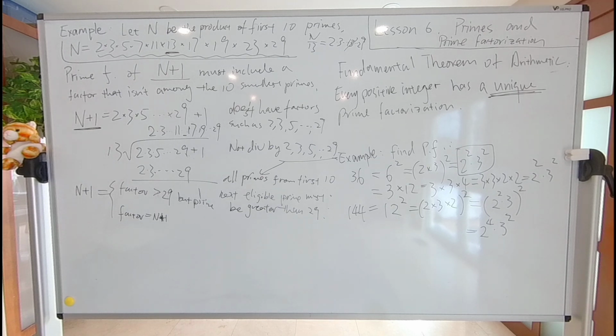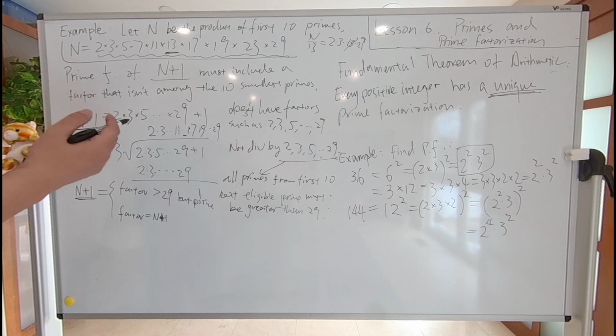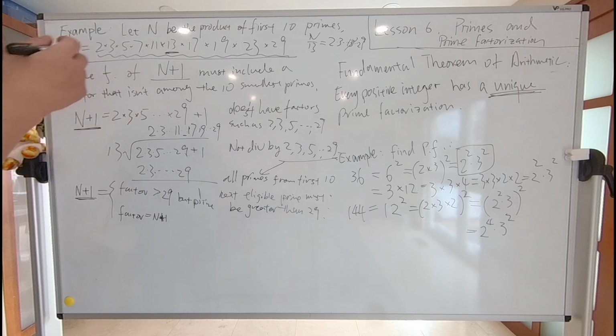Because it looks like as you keep going, as the number becomes larger and larger, it seems easier to find more factors of that number. So this actually proves that I can always construct a new number that is greater than any known primes.